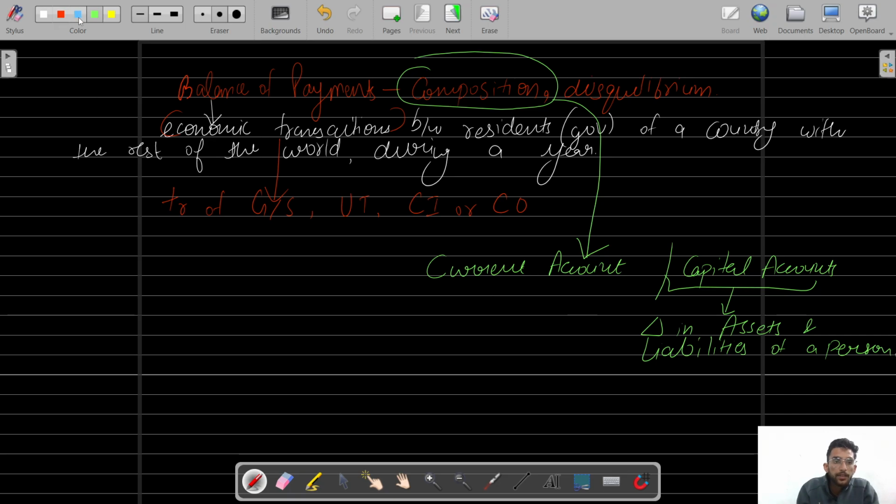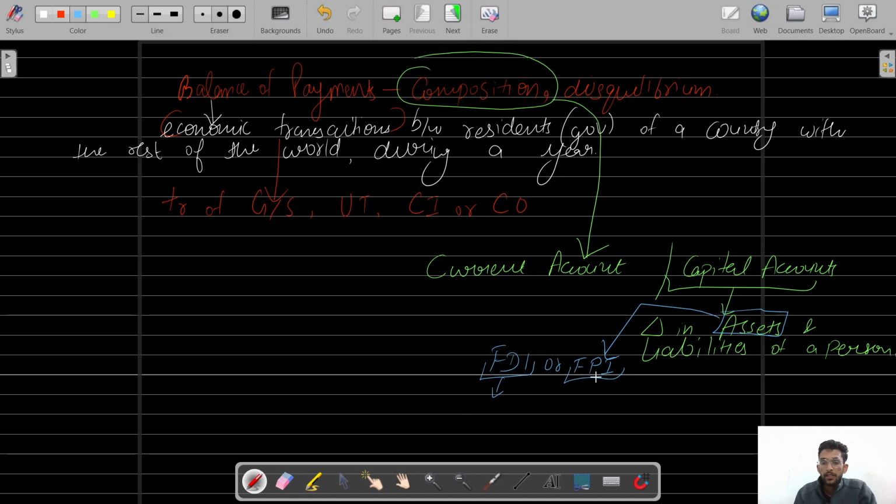What do assets and liabilities mean? For example, you invested in some other country in terms of FDI or FPI. That comes under assets. What is the difference between FDI and FPI? FDI means foreign direct investment, in which you have control over your assets in the foreign country.